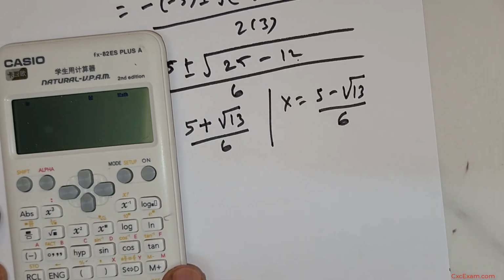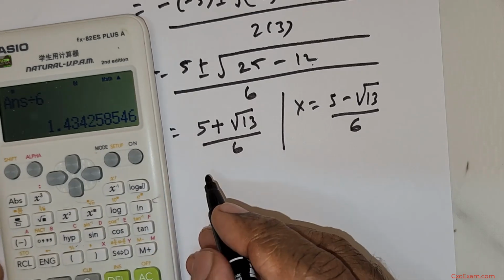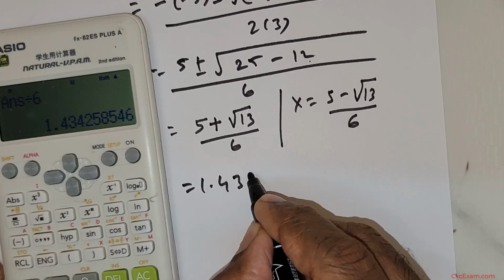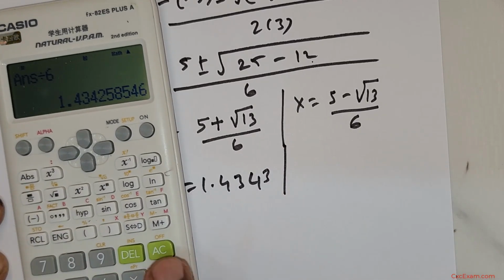Now go to your calculator, you get the value of root of 13. So root of 13 plus 5, and that is divided by 6. So what is that? This is 1.4343. Okay, let me have it like that.